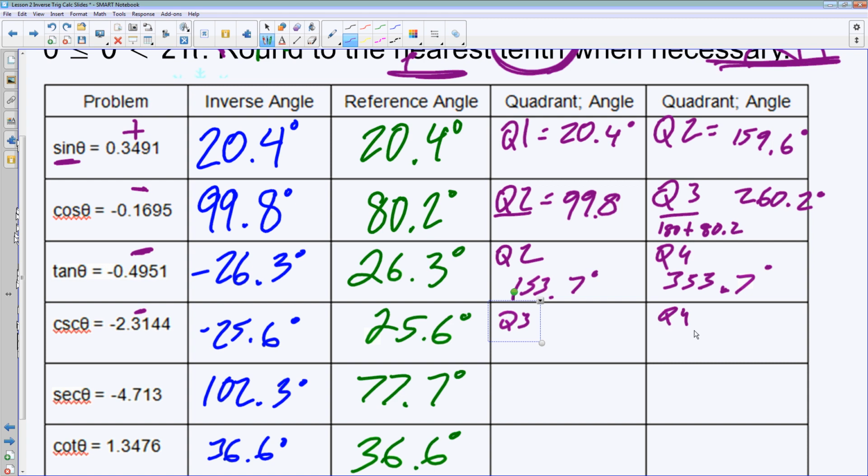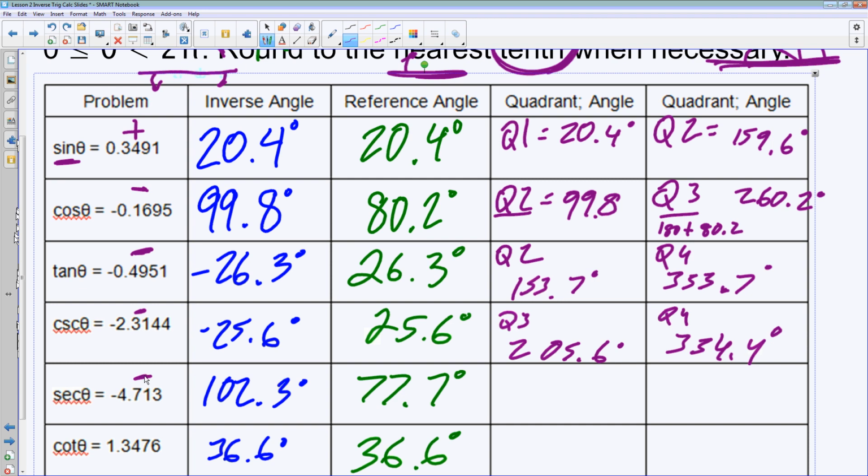In the third quadrant, we want to add our reference angle to 180. 180 plus 25.6 gets me 205.6 degrees. In quadrant 4, remember that's 360 minus that reference angle, and that's going to be 334.4 degrees.